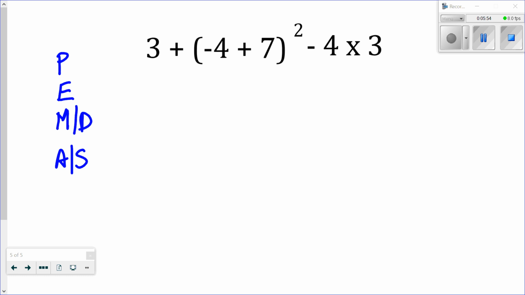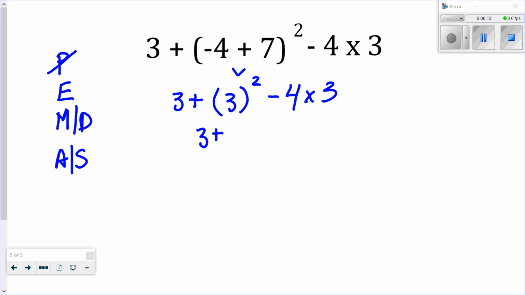So I'm going to start with parentheses. 3 plus, I know that negative 4 plus 7 is a positive 3. I keep the exponent minus 4 times 3. So I can cross out parentheses. I do see exponents, so I'm going to work with that next. 3 plus 3 squared is 9 minus 4 times 3. I can cross out exponents.